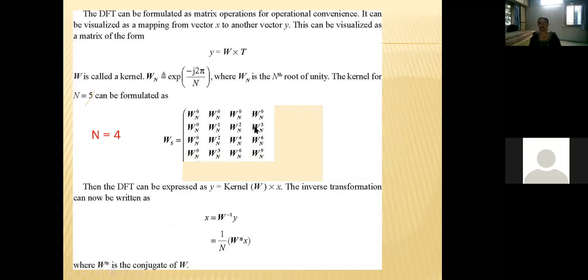Now go for the second row. The first row is always 1 because minus j raised to 0 results in 1. So you will get the first row as 1, 1, 1, 1. Now in order to determine the second row, your first element is minus j raised to 0. The second element is minus j raised to 1, that is minus j.